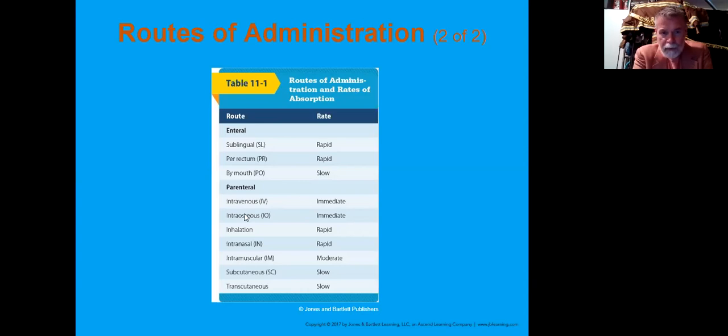On the intravenous route, right, it's immediate. It should make sense why that is immediate. IV means it's going into your vein. That's directly into the bloodstream. The intraosseous or IO, that is another immediate absorption. Again, the IO and the EZ-IO drill, I think I actually have one over there. Don't really want to practice that one today, but just know those are also immediate routes of absorption.